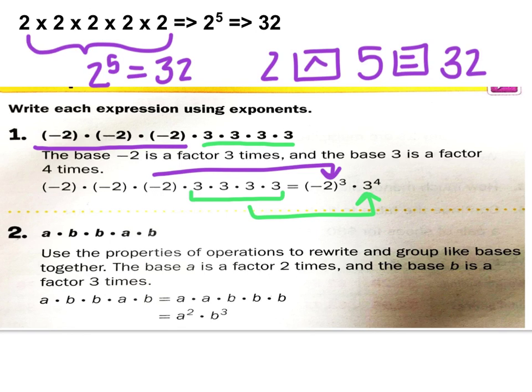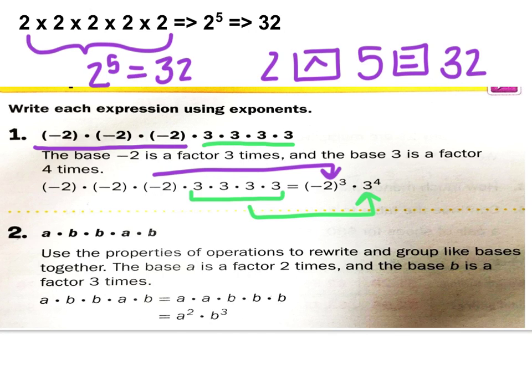So here is what it looks like in the beginning. In the second portion, what I have done is I have taken the 2 a's that I have and pushed them up front, and I have taken the 3 b's that I've had and I've pushed them to the back.